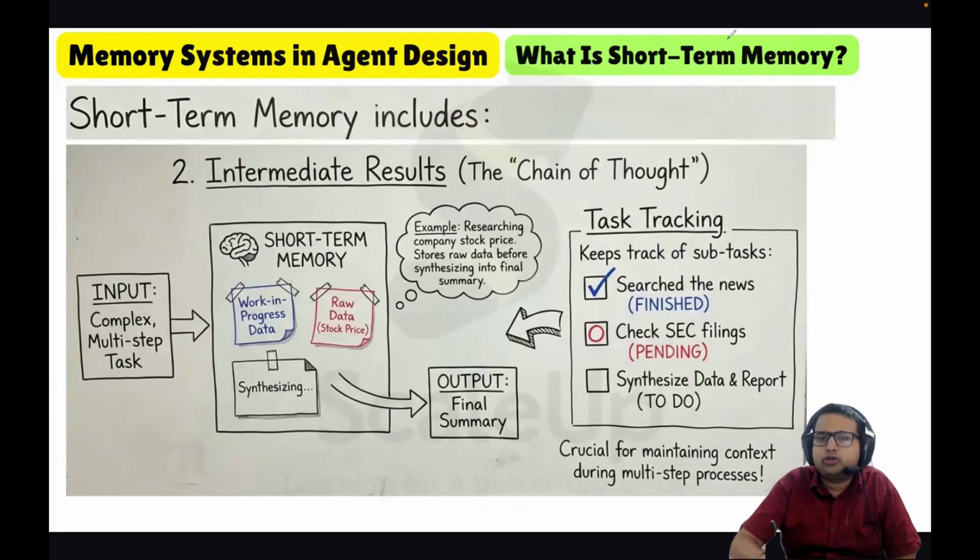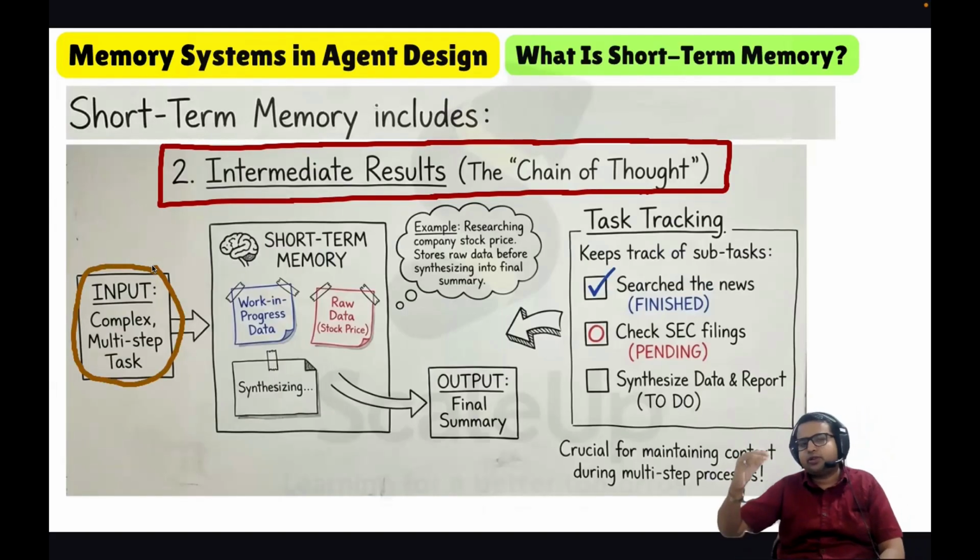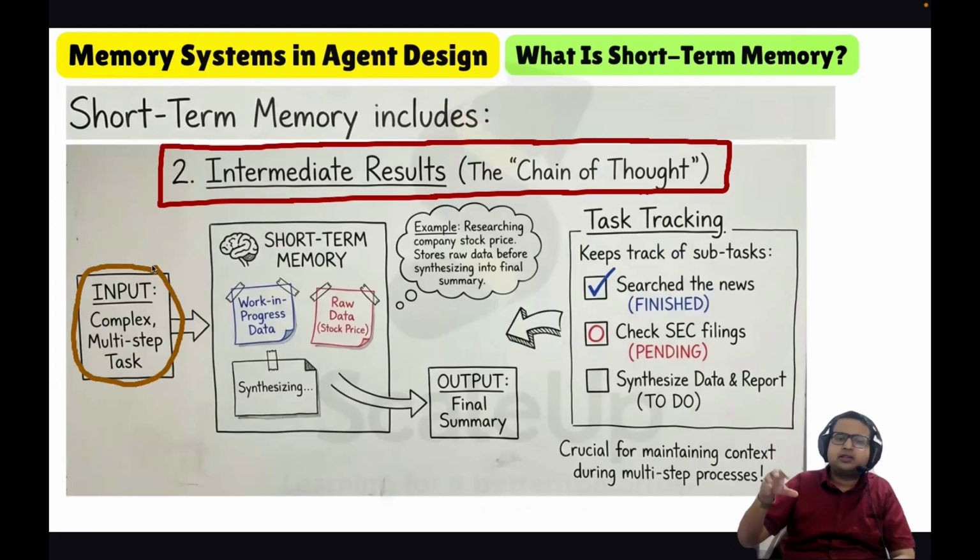Short-term memory includes intermediate results, the chain of thought. For a complex task, we have to break it into multiple steps, so we get a multi-step task.